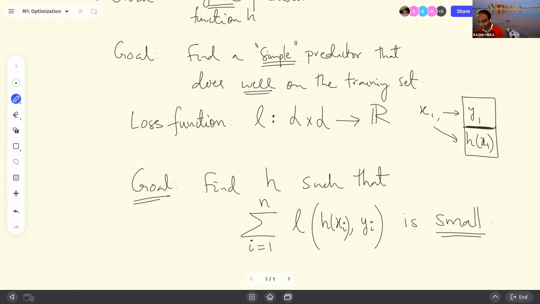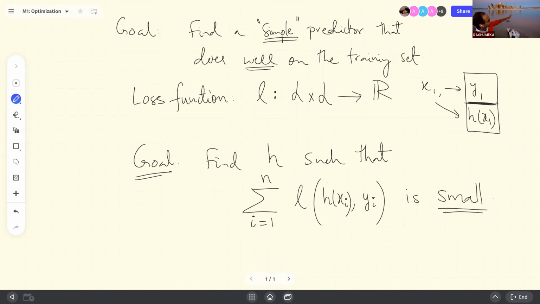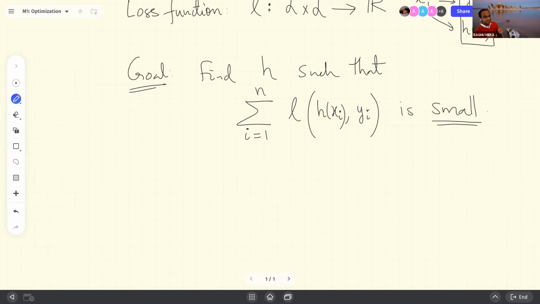In particular, just as we assumed that the true labels were generated from some hypothesis class, we'll also want our prediction to be from some simple class. It could be the same hypothesis class, or it could be something else. But we want it to be something simple, something that we can reason about for future predictions.